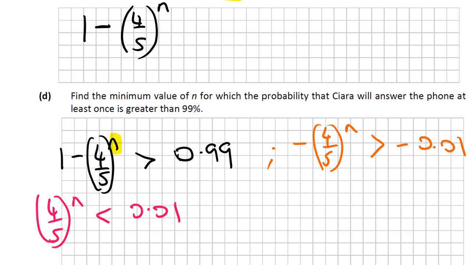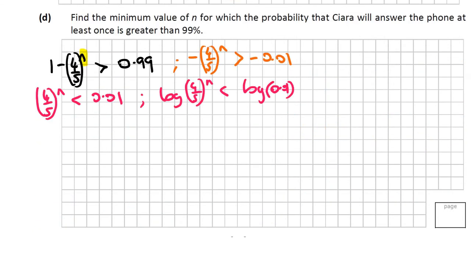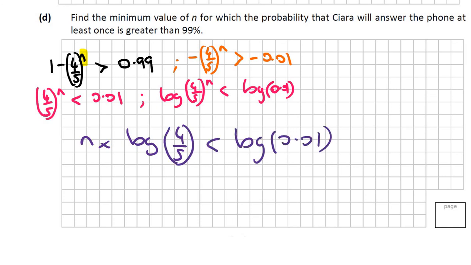So now we can just take the log of both sides. So we've got n times the log of 4/5 less than log 0.01. So I'd need to divide both sides by the log of 4/5. Because we're taking the log of a fraction less than 1 there, that's a negative number.